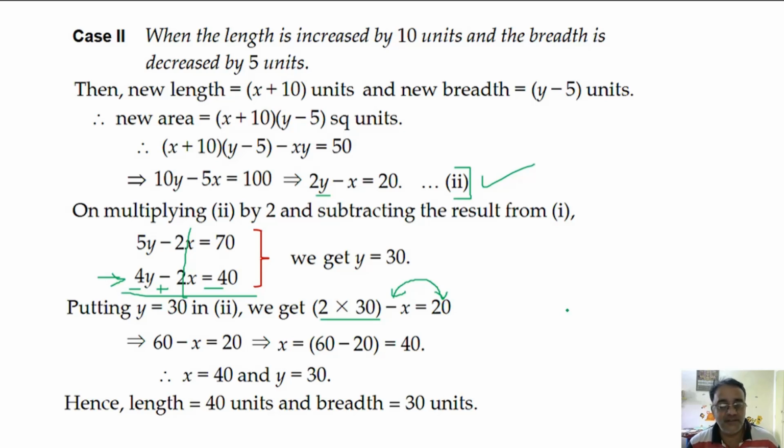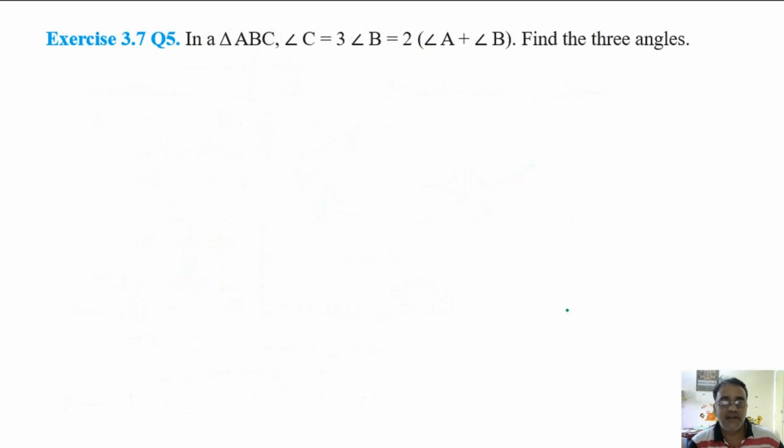Any doubt? No, sir. Next question. This is the last exercise, question number 5. In a triangle, angle C is equal to 3 times angle B, which is equal to 2 times the sum of angle A plus B. Find the three angles. So we'll start with angle A as x and angle B as y.